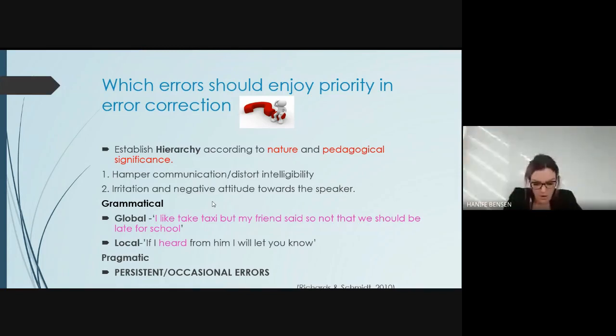Now, pragmatic errors should enjoy priority in corrective feedback, because students actually want their pragmatic errors to be corrected, but that is if the teacher is aware of them as well, because most English as a foreign language teachers are not native, and native speakers are more pragmatically competent than non-native teachers, for example.